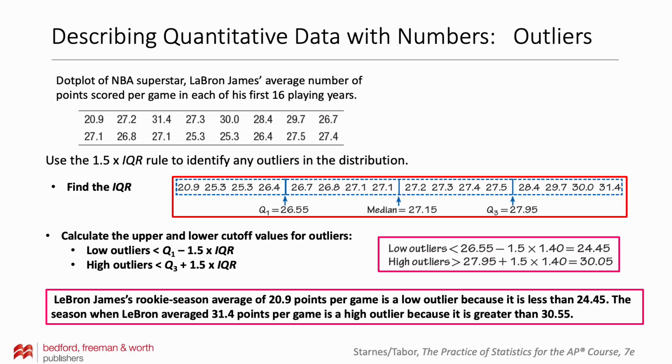If we want to write it in context, which every single number that we represent in AP Statistics has to be, you cannot just leave it hanging around. So here, LeBron James' rookie season average of 20.9 points per game is a lower outlier because it is less than 24.45. The season when LeBron averaged 31.4 points per game is a high outlier because it's greater than 30.55.